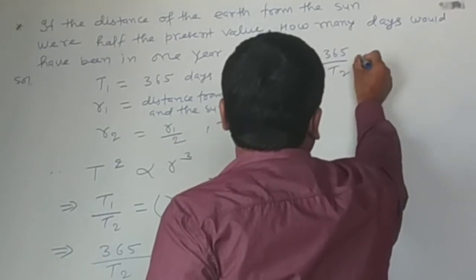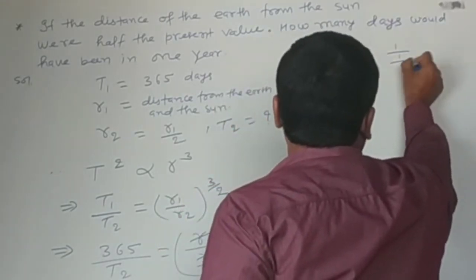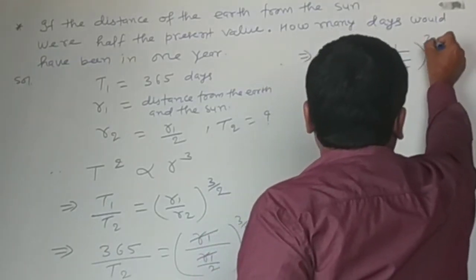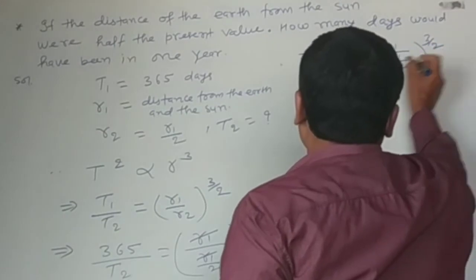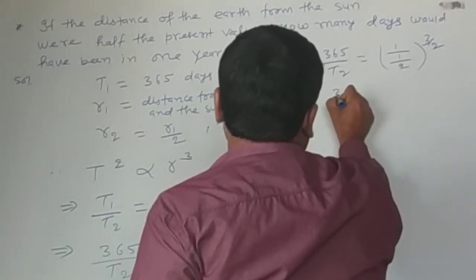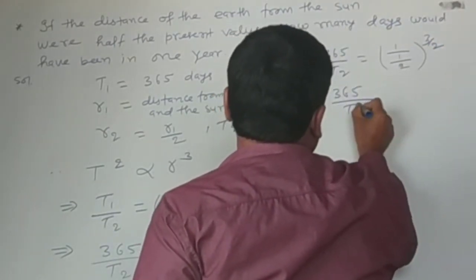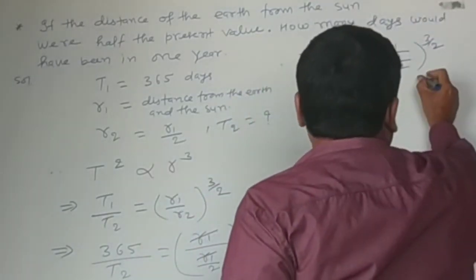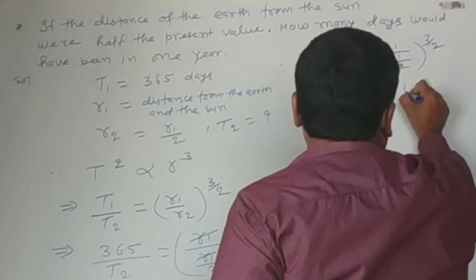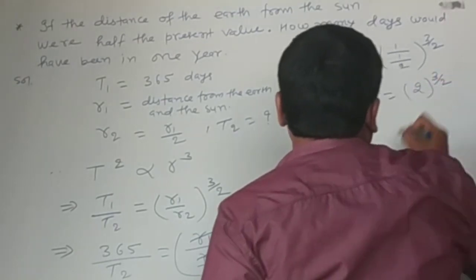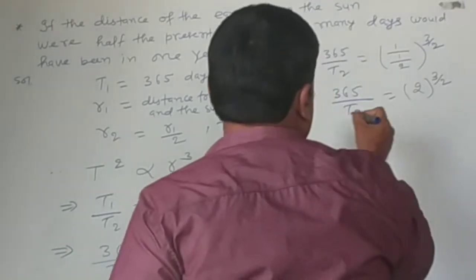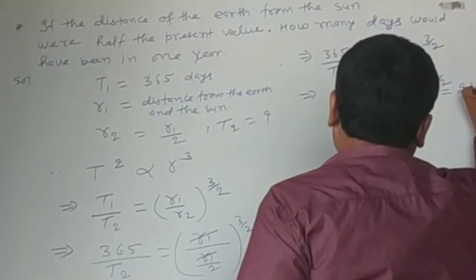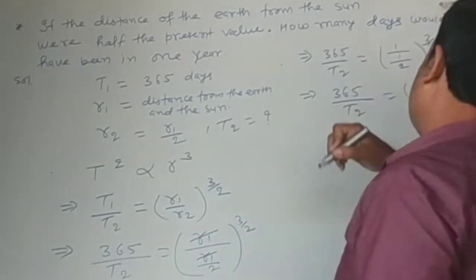365 upon T2 is equal to 1 upon (1 upon 2) to the power 3 by 2. That implies 365 by T2 is equal to 2 to the power 3 by 2. It can also be written as 2 root 2.